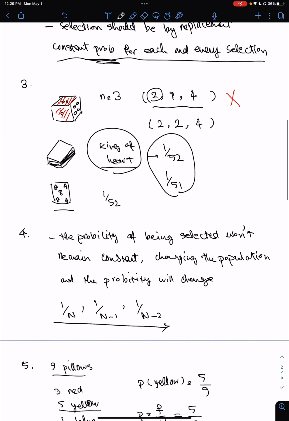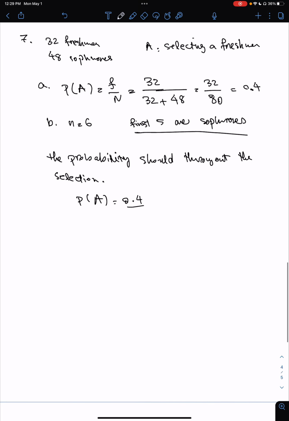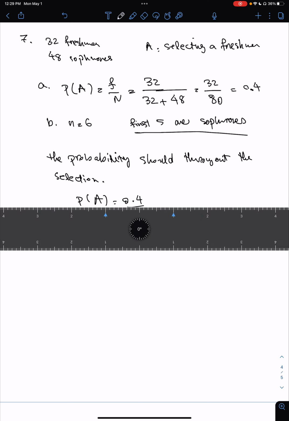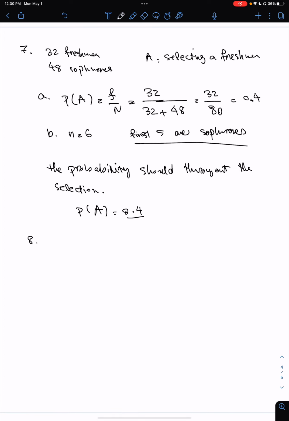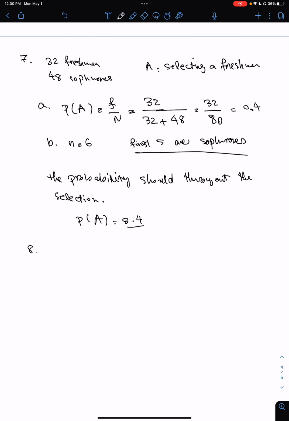Okay, so for question 8, a bag of Skittles candies includes 6 different colors: red, orange, yellow, green, blue, and purple.